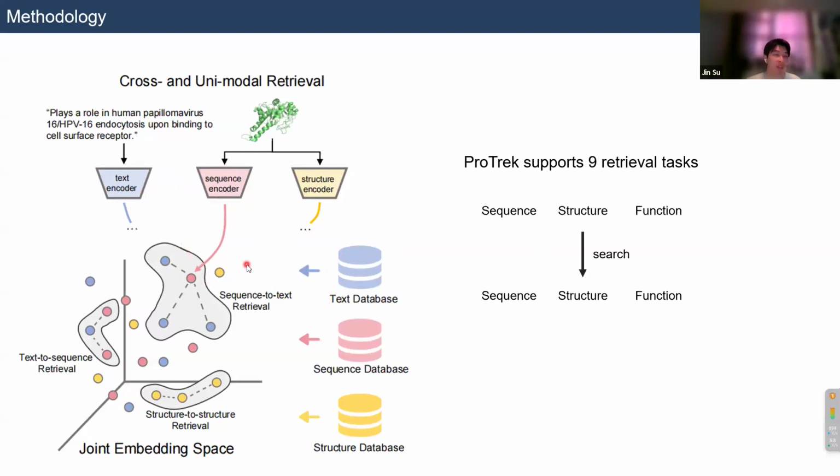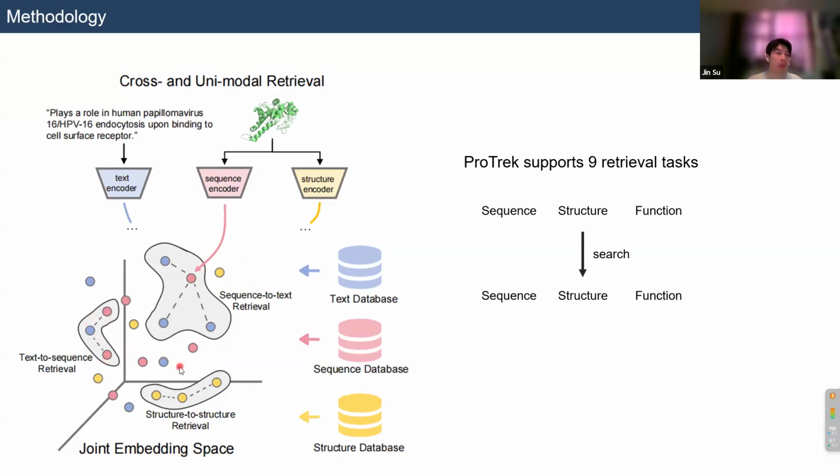Or if you have a desired function and you want to search for proteins that have this function, you could encode these tags into an embedding, and you construct a sequence database. By finding the nearest sequence points, you can find proteins that have this function.